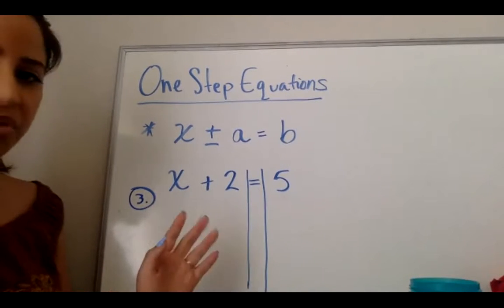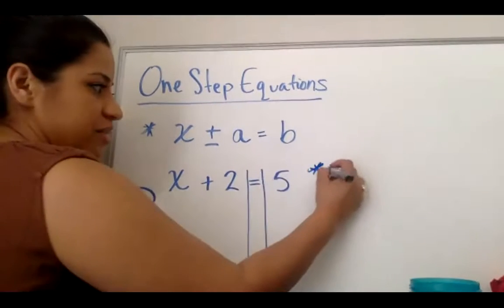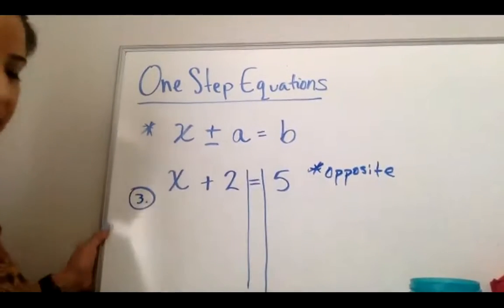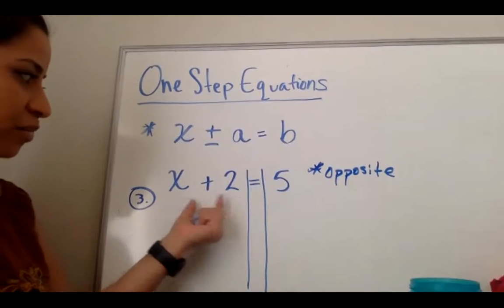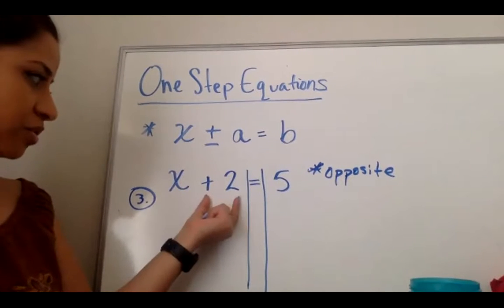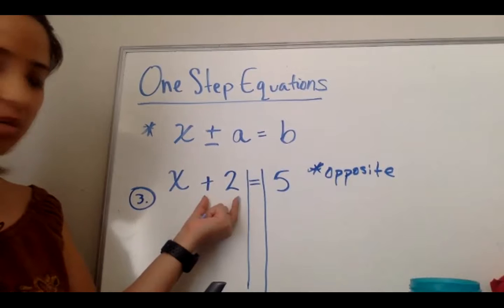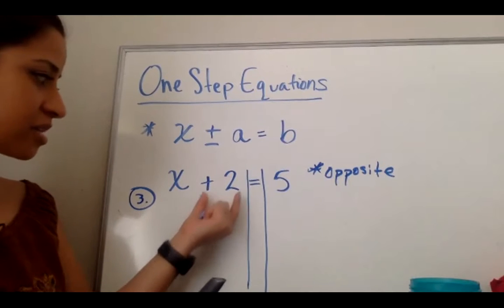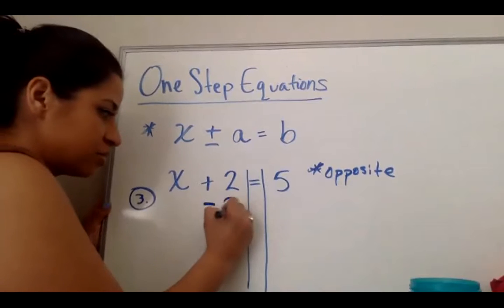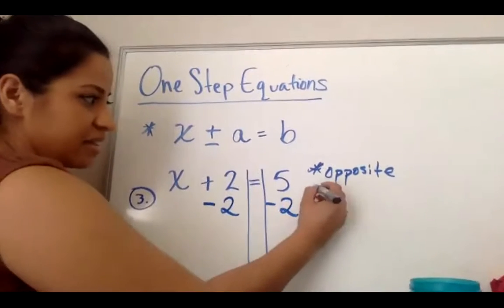So remember, we just said that we always have to do the opposite of whatever's being done. So here you have your variable, and what are they doing with the variable? They're adding it with the 2. So the opposite of adding would be subtracting. So since they're adding 2, we're going to do the opposite of that. We're going to subtract 2 from each side.